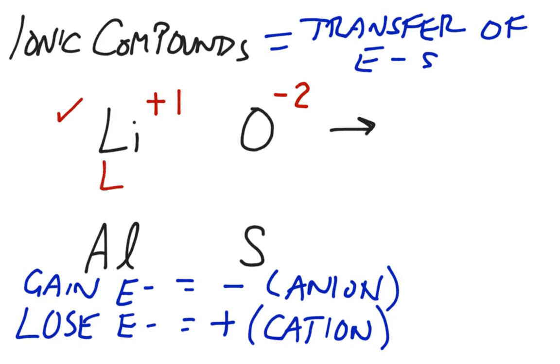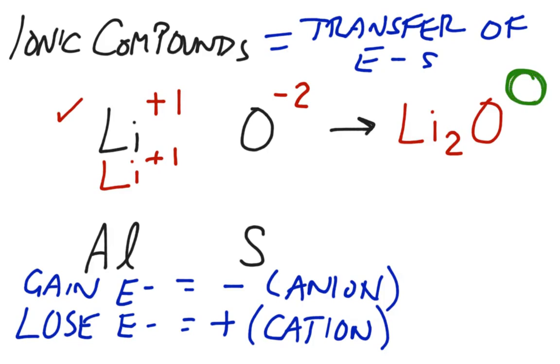So if we had 2 lithiums, each one containing a +1 charge, each one would in theory be giving the oxygen 1 electron. Overall then, we have 2 lithiums present and 1 oxygen. Note that on our compound here, there is no final charge because the final net charge is equal to 0.